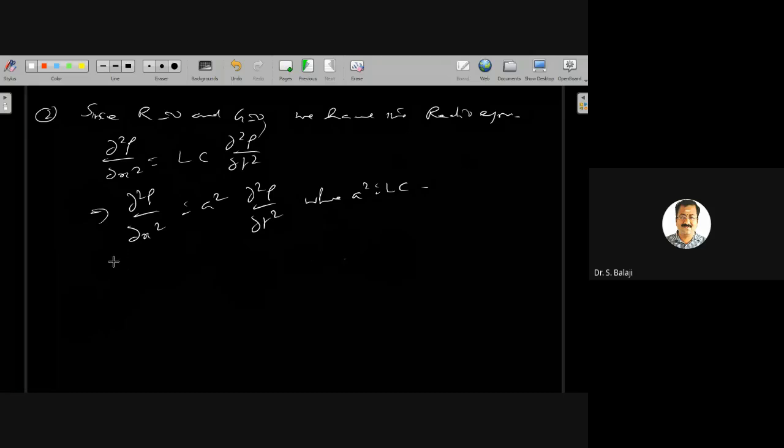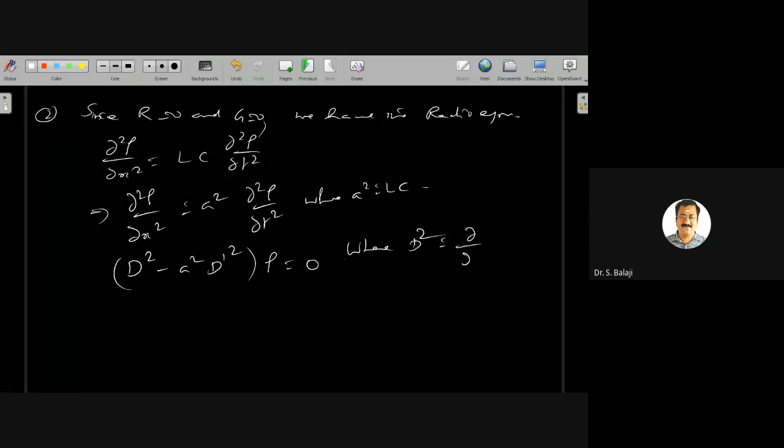Now it is like a second order PDE: d square minus a square d dash square of rho is equal to 0, where d means dou by dou x and d dash means dou by dou t. So this will be the equation.